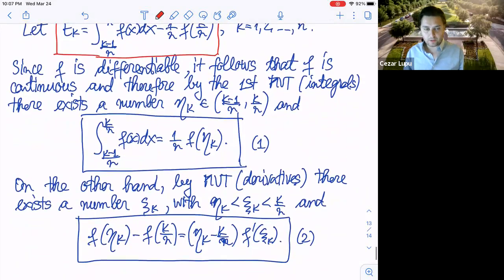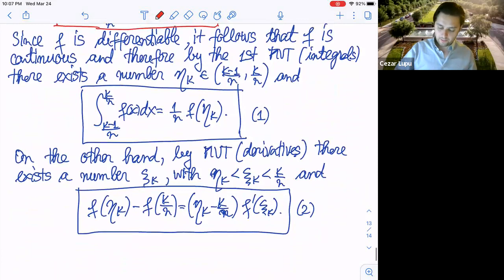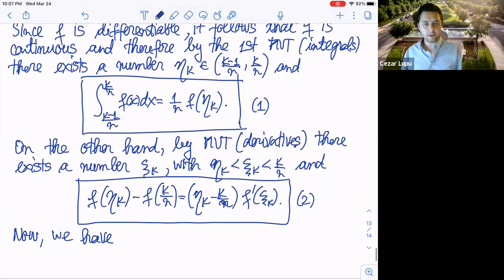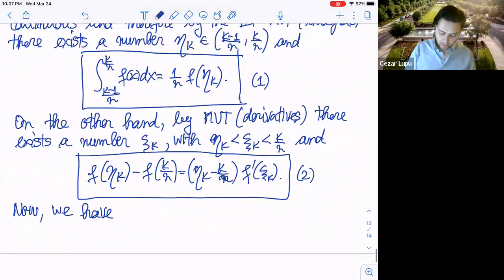All right, so let's see here. Now let's look closely. We have the absolute value of E_k.